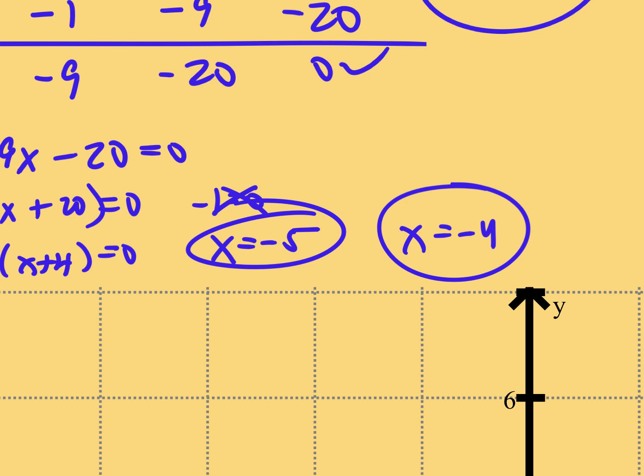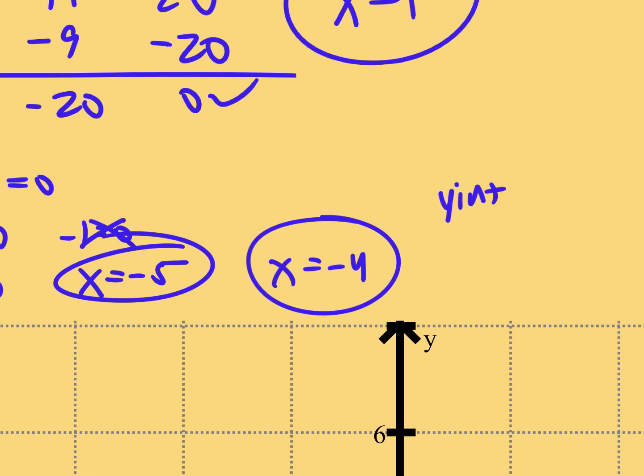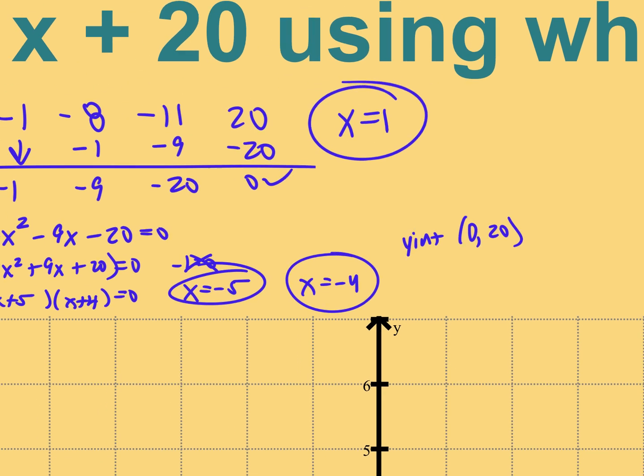All right. How many answers did you guys find? 3. How many did we say there were at the beginning? 3. Okay. How many times do you see each one of those? Just one time. So what's it going to do at each one of those? Cross through. Good. What is the y-intercept? All right, your y-intercept is going to be at 0, 20, as a point. So could we graph this?